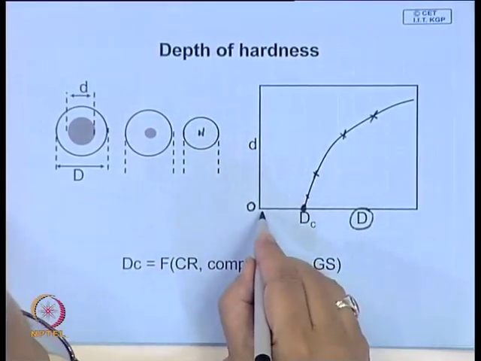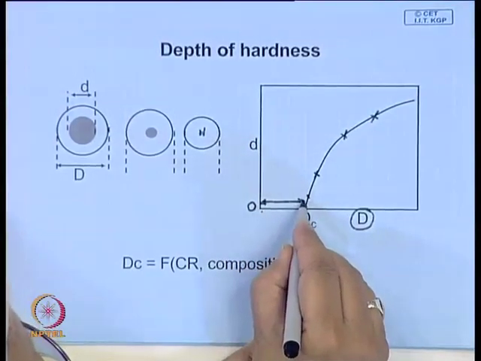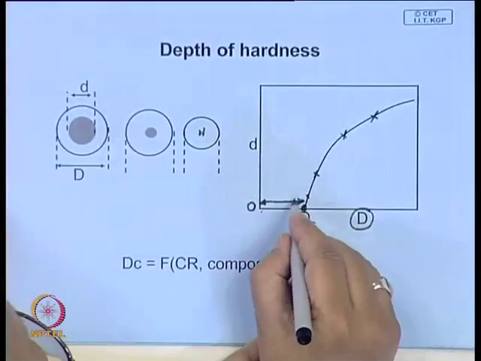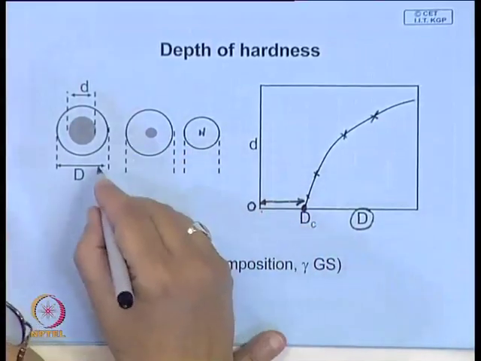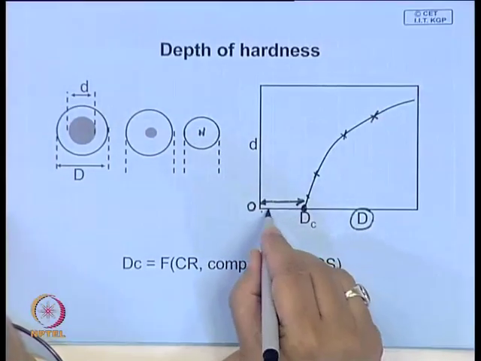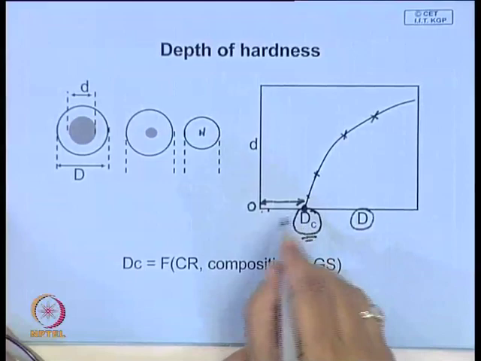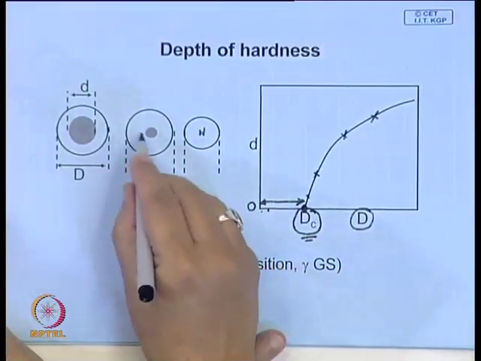So what it means is, with this quenching procedure, in a particular steel you have taken, if the diameter is less than this critical diameter, then you will be able to harden it through and through.